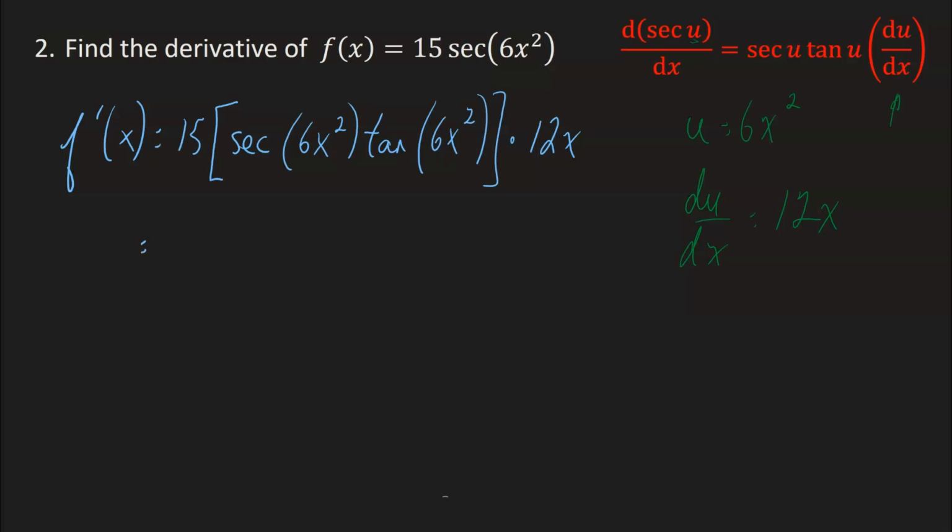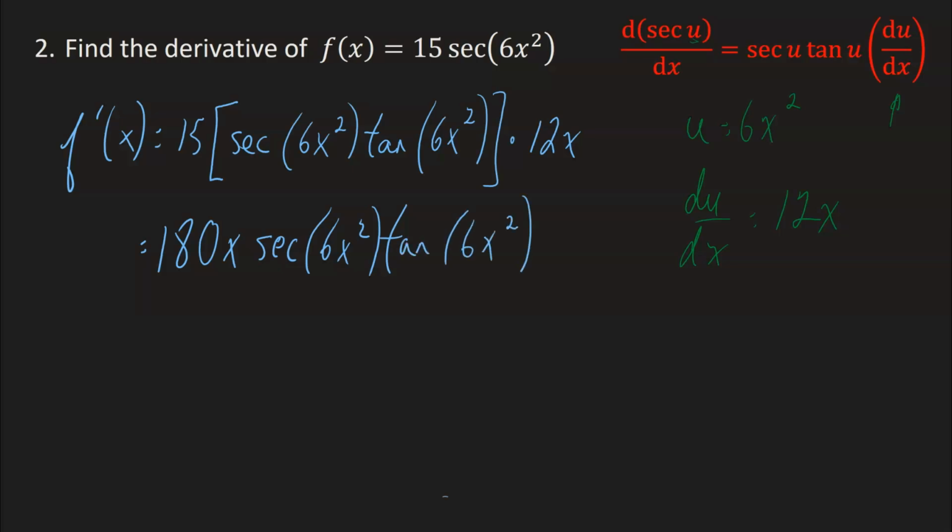So 15 times 12x is 180x, secant 6x squared tan 6x squared. All done, okay? Because remember, we're not going to touch that. We're not going to touch that. But this one and this one can get multiplied together to form the coefficient.